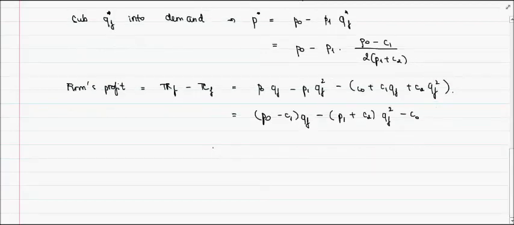Alright, so knowing the values of QF star that we found earlier, I just have to substitute into here to find the firm's profit.